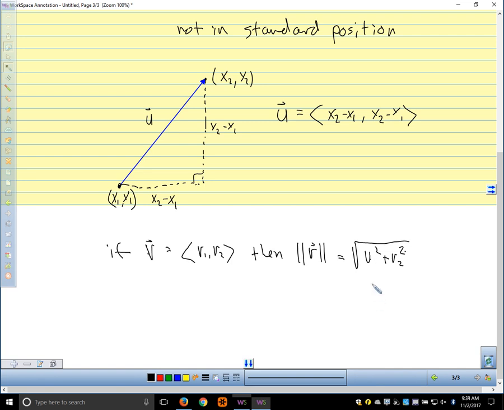And what we're doing here is we're just using the Pythagorean theorem to find the length of a hypotenuse. The Pythagorean theorem and the distance formula are the same thing.